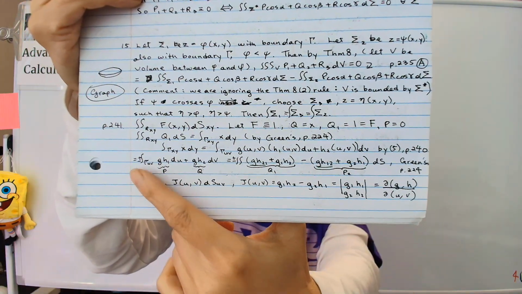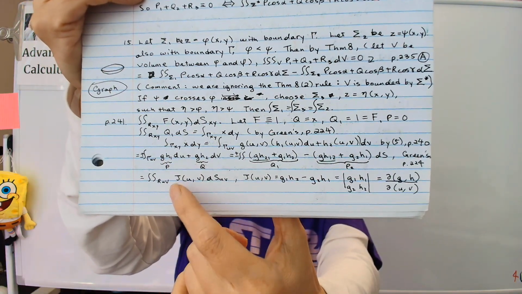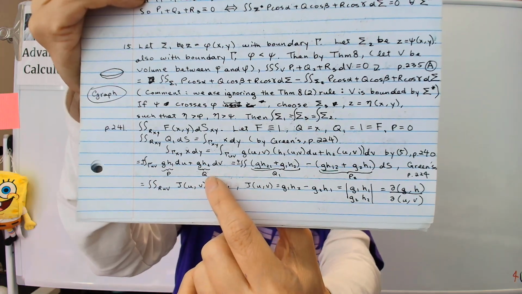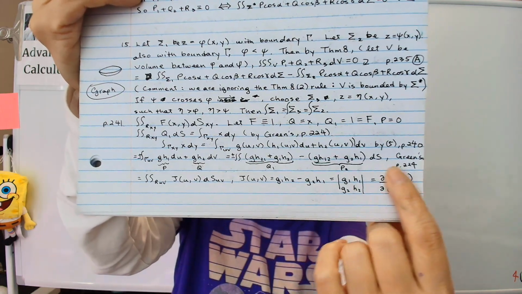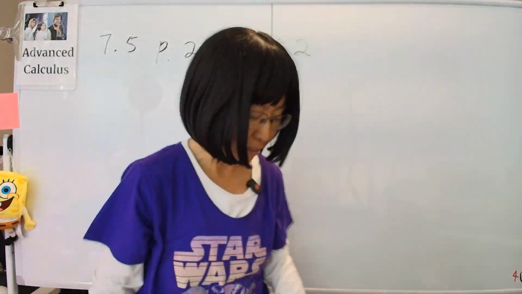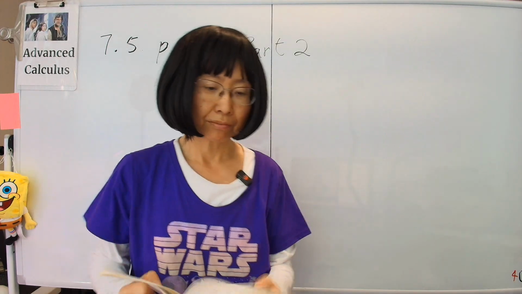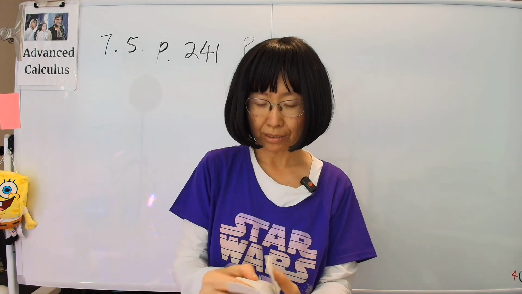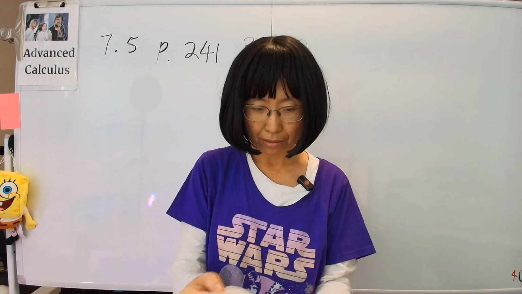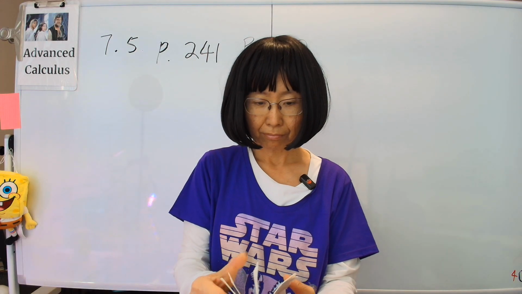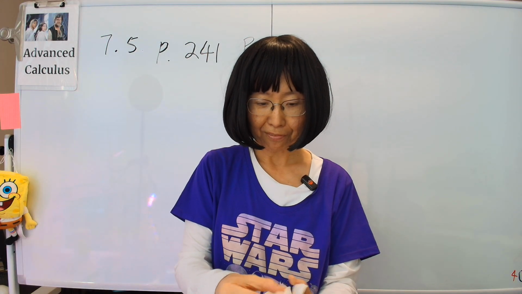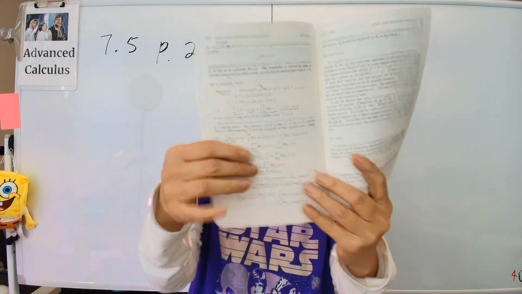With that, we'll identify g h1 as p and g h2 as q in Green's theorem, which is on page 224. Let's look at it again. Page 224, Green's theorem. Okay, got it. Here's Green's theorem.